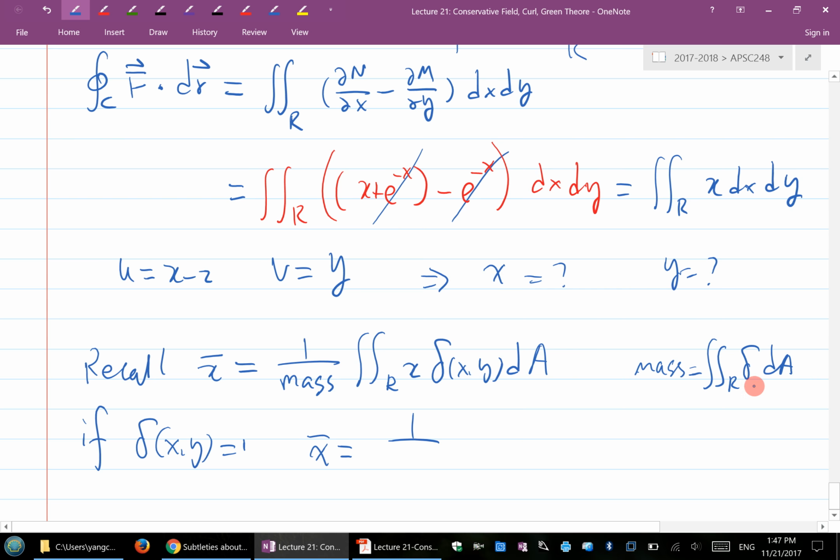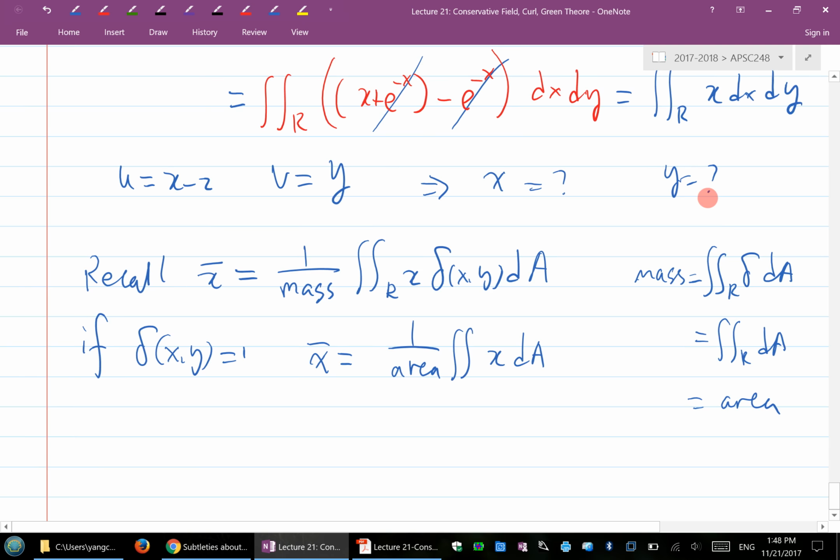If delta equals 1, then the mass calculation is equivalent to calculating what quantity? Not the volume. What? The area, right? So basically, this will be the area if delta equals 1. And then here is just x dA. Okay? So that formula morphs into this if the density equals 1.